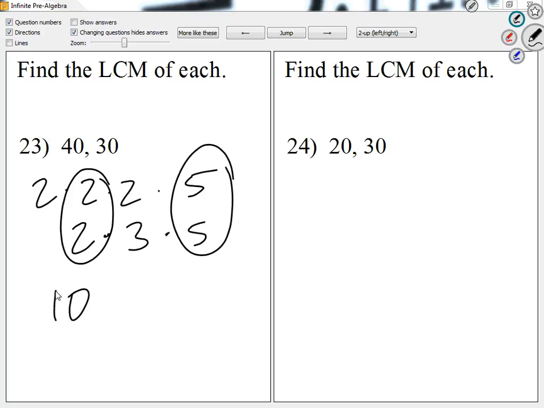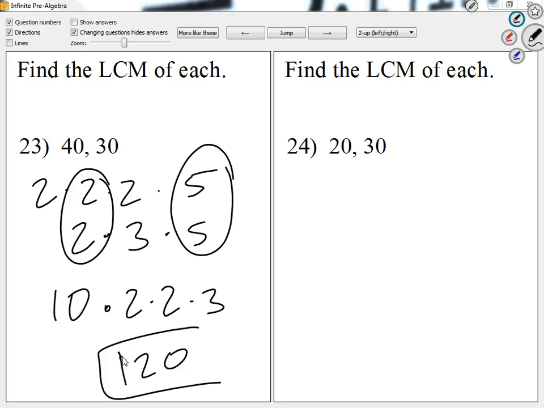That's my greatest common factor, but I have to multiply by everything else. So I'm going to go times 2 times 2 times 3. 120. So the least common multiple is 120.